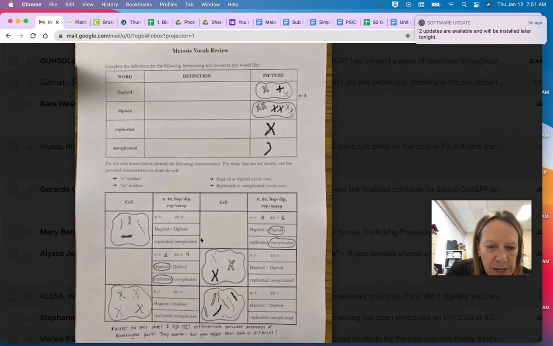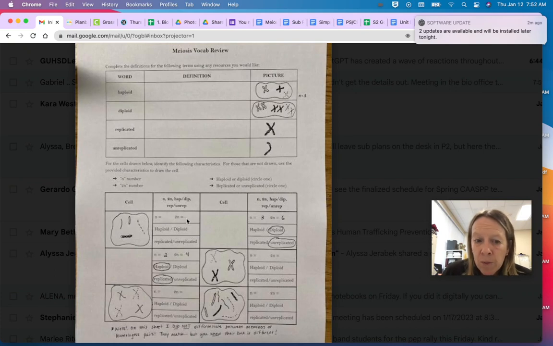Okay, so for each cell down here, there's 6 of them. You're going to determine the N number, the 2N number, whether it's haploid or diploid, and whether the chromosomes are replicated or unreplicated. I'll talk through the first one with you. Here you've got 4 different types of chromosomes, so your N number would be 4.